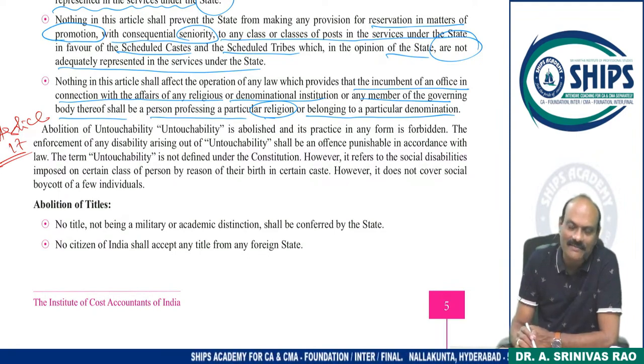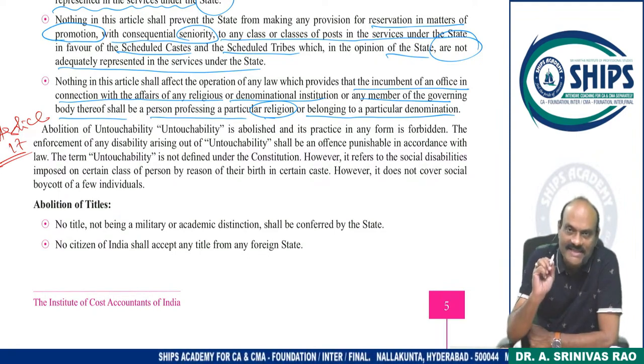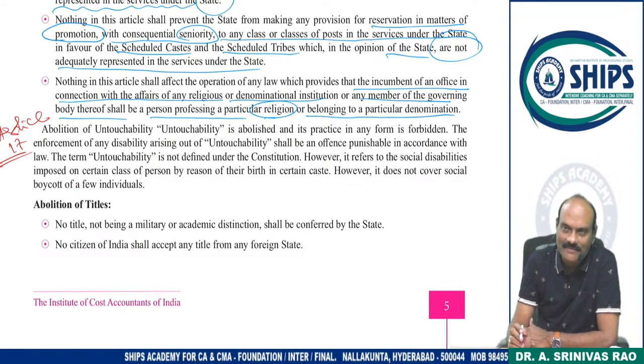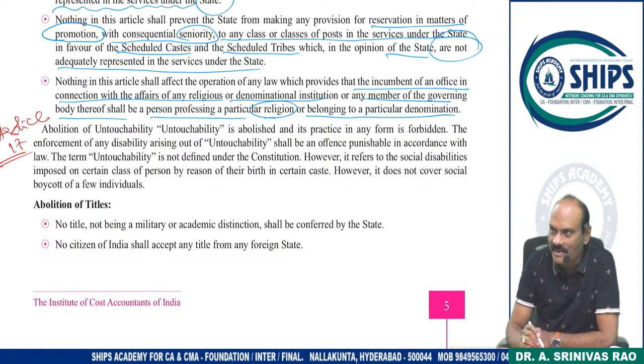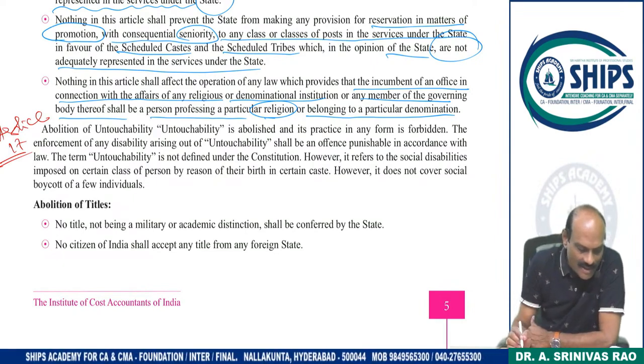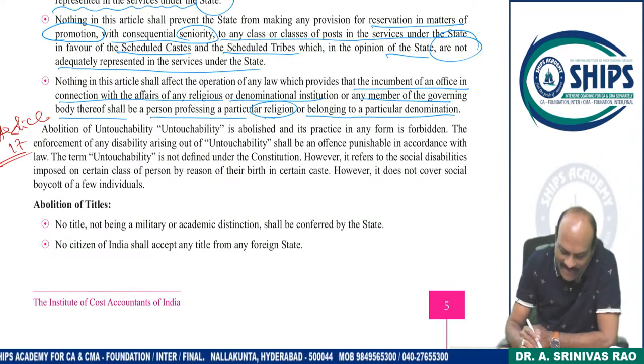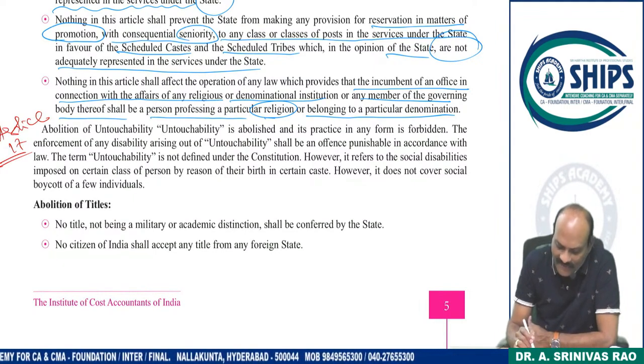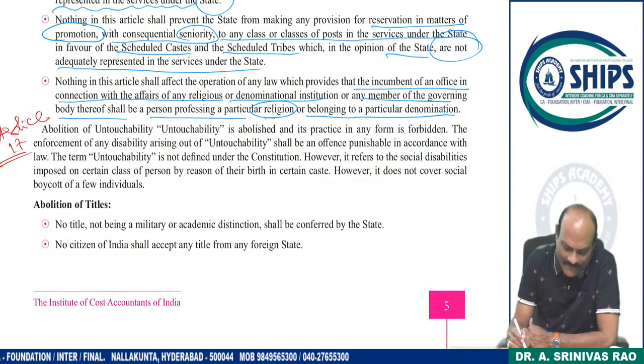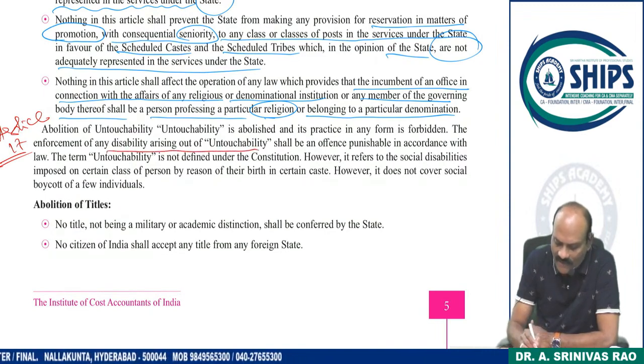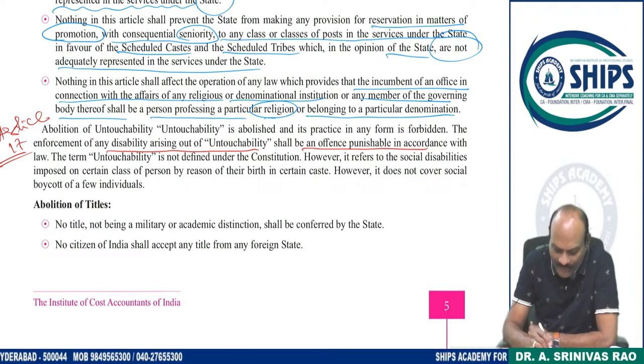What is untouchability? Social disability, remember this word. It is there in the notes, it will come. Untouchability means social disabilities. Let us see the wording here. Abolition of untouchability: the practice is forbidden. The enforcement of any disability arising out of untouchability shall be an offence punishable in accordance with law.